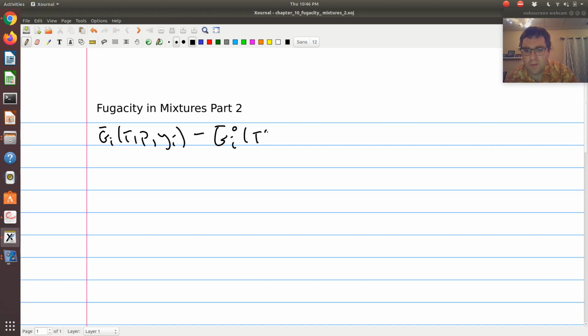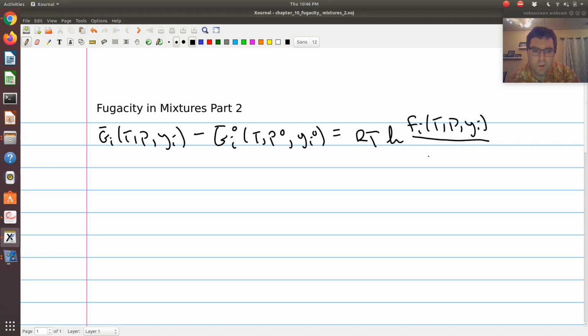So my reference state needs to be at the same T, but it need not be at the same pressure, and it need not be at the same composition, is by definition equal to RT log f_i at T, P, and y_i relative to f_i not at the same T, but not necessarily at the same pressure and composition.